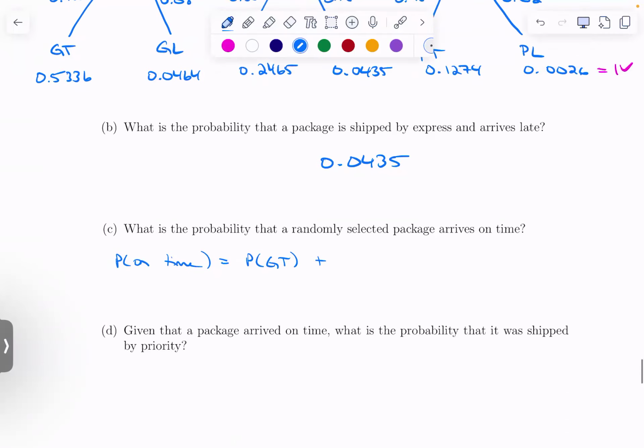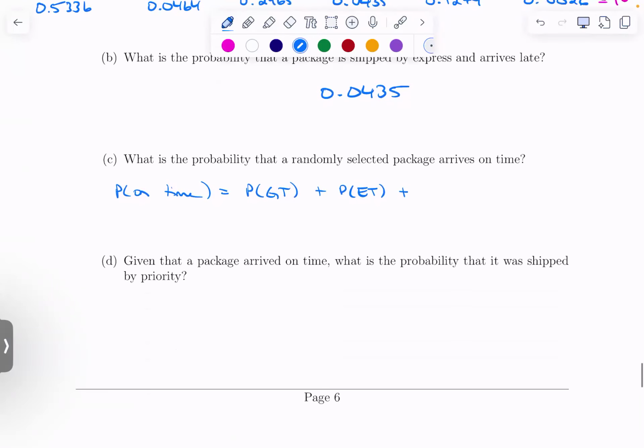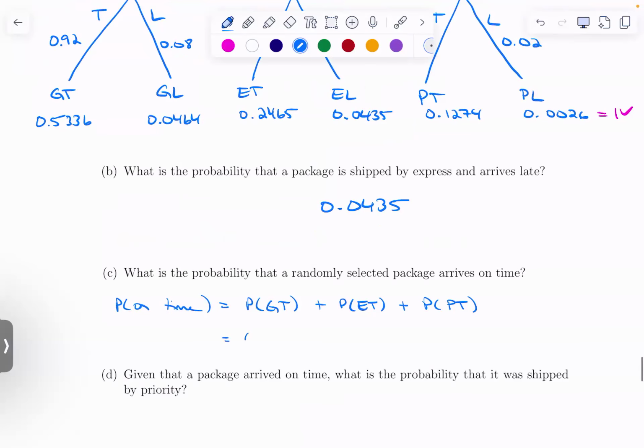ET, and then finally, the probability of PT. Right? Any one of those would be on time. And so we want to capture all of them.